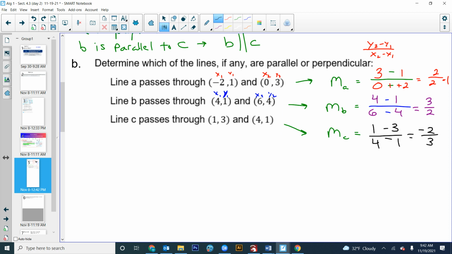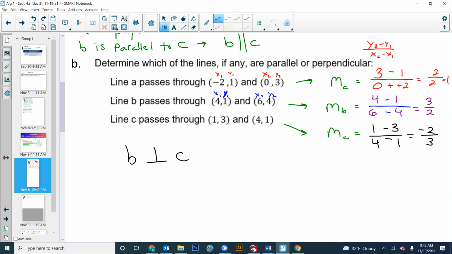It's not wait, it's yes or no. I don't think so. I agree. B and C are perpendicular. That's right. B is perpendicular to C. And what would your reason be?